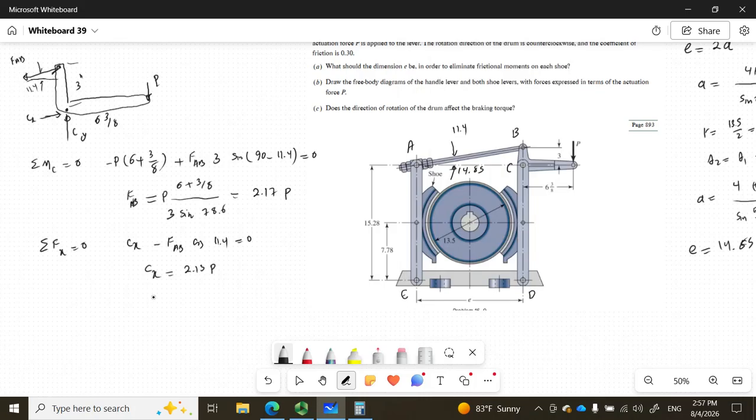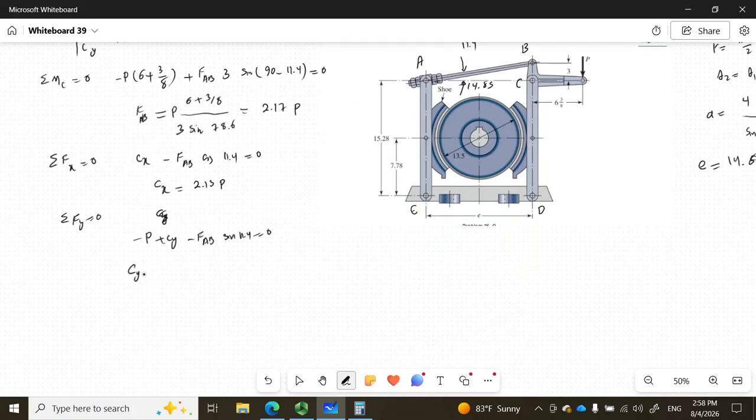CX is 2.13P, and then CY. For CY, I have to say summation of forces in Y must be 0. So P is going down, CY is going up, FAB is going down, so negative FAB sine of 11.4 must be 0. So CY equals, P goes to the other side, FAB, 2.17 times P times sine of 11.4.